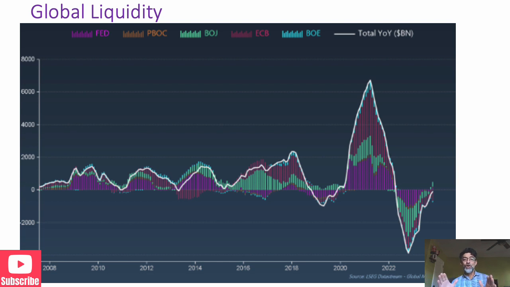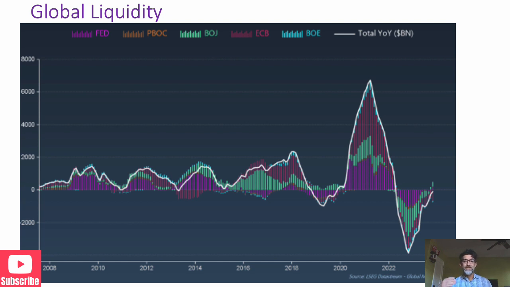One last note before we go on to the next factor. If you want to know about global liquidity and you don't have access to GMI, one of the best places to look is Cross Borders Capital. Mike Howell, who used to work at Salomon Brothers, has been keeping track of global liquidity going back like 30 years, maybe even more than that.